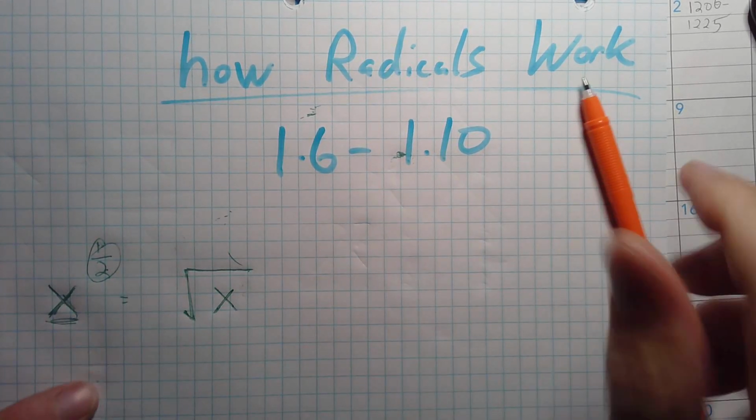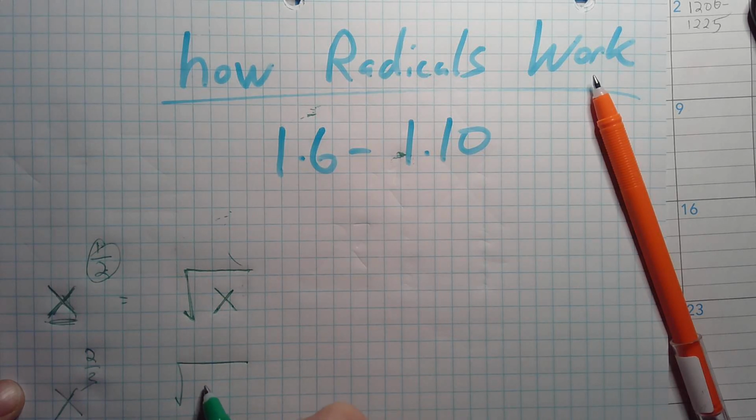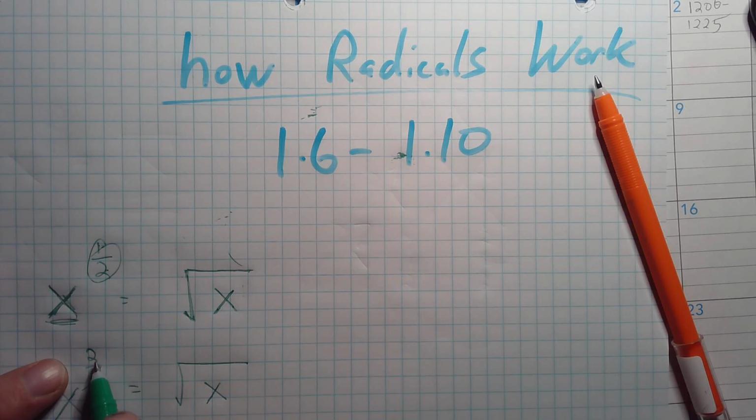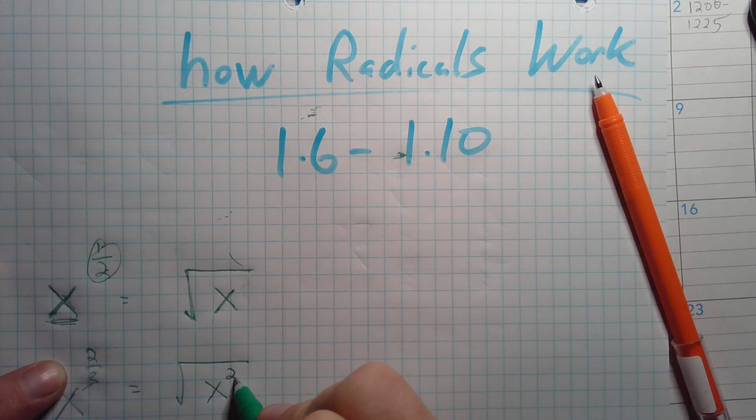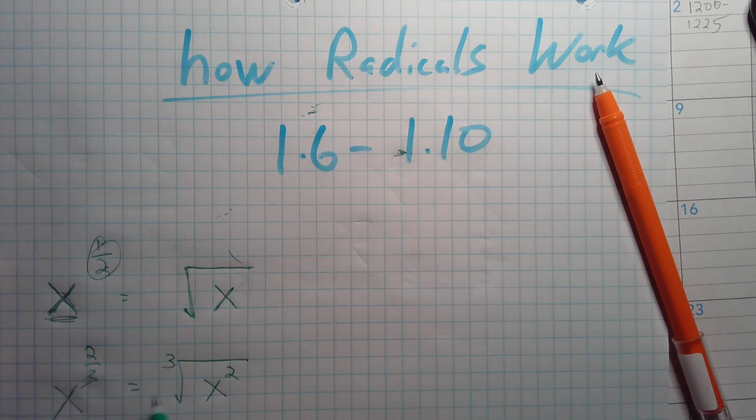x raised to the 2/3. This would change into x as my radicand, and then 2 is my exponent inside, and this is the cube root of x squared. So that is how these get converted.